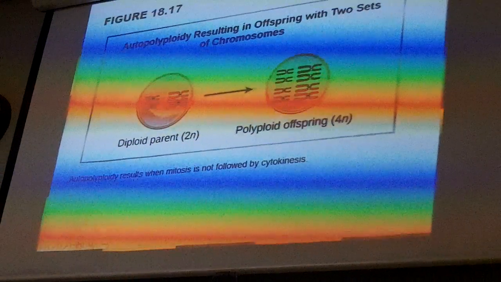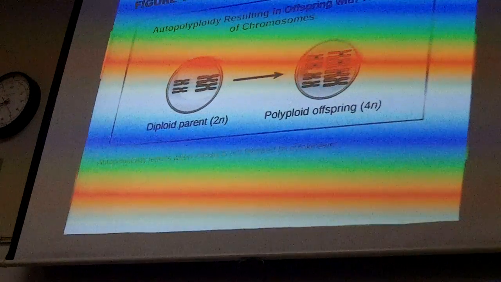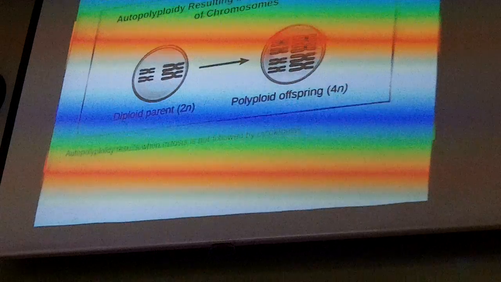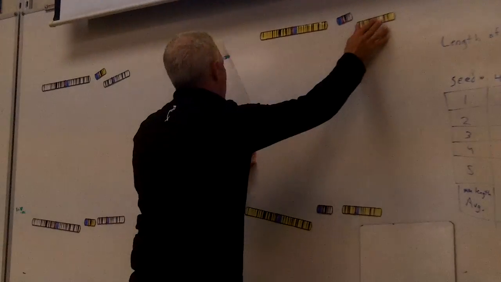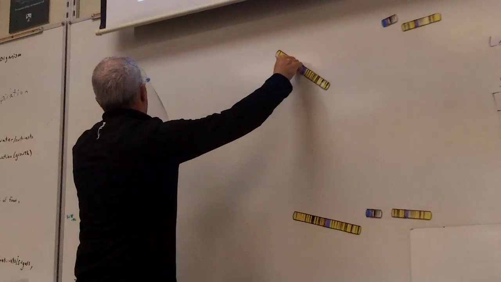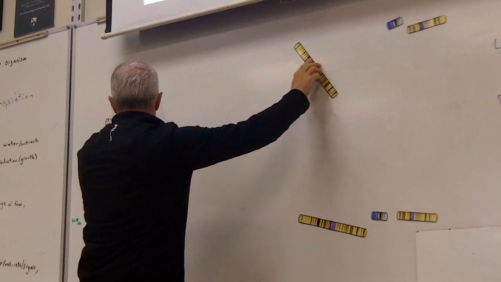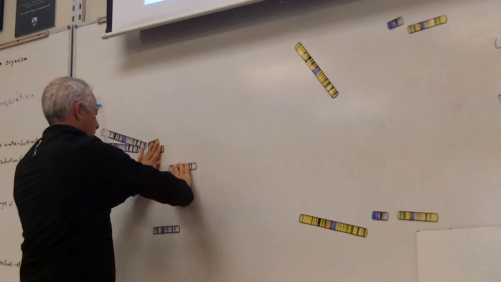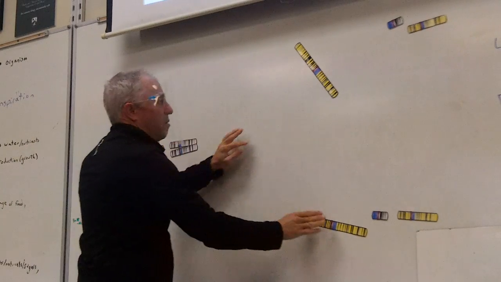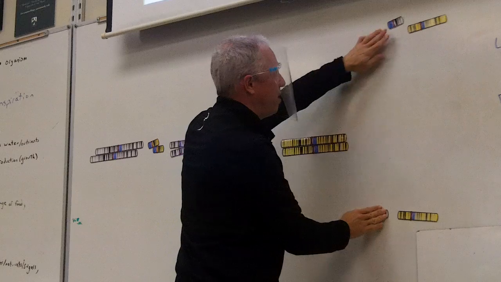Now, there's something different called polyploidy. Let's see polyploidy. Let's go back to here. Watch how polyploidy arises.